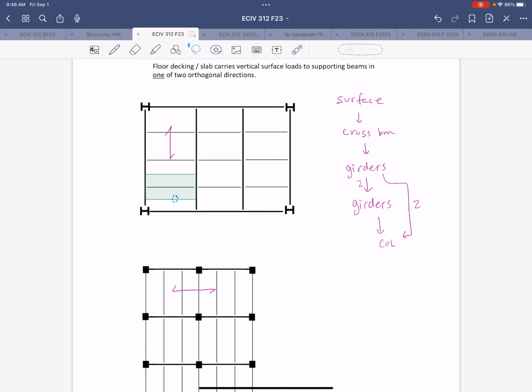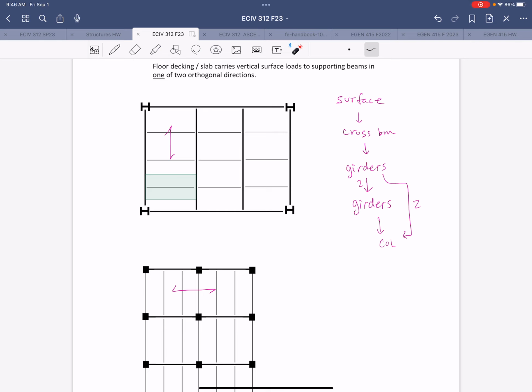And every single one of those cross beams, its tributary area, altogether, they would have to cover the entire floor plate. And then if you go to the next level, all of their tributary areas would also have to encompass the entire floor plate, and so on for each level, okay?